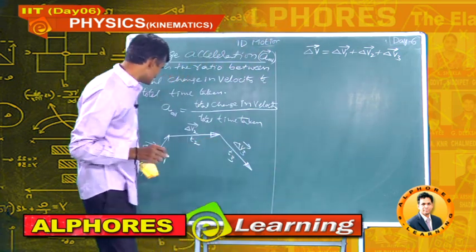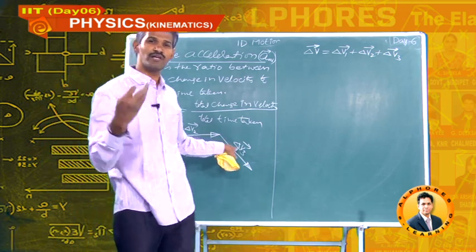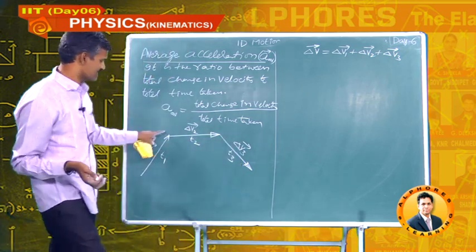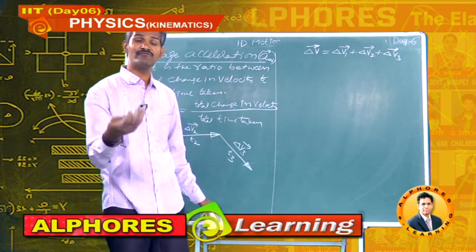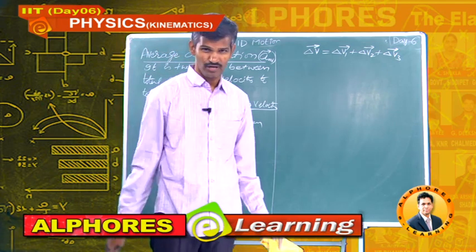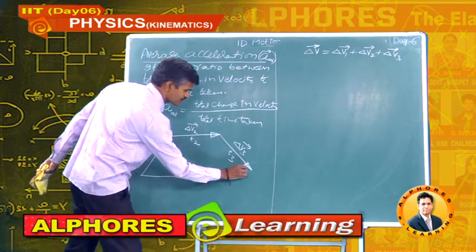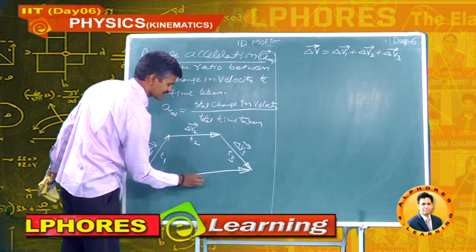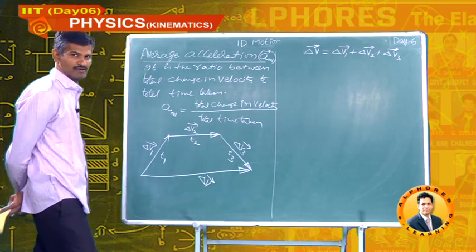So to add this change in velocity, this change in velocity, this change in velocity with the vector polygon law, to add any number of vectors, they are arranged in tail-head, tail-head, tail-head order. The resultant is given by the closing side of that polygon. That is, from here to here, you can draw one more vector, that is the total change in velocity vector, delta v bar.